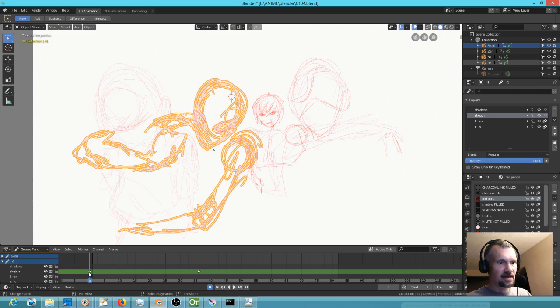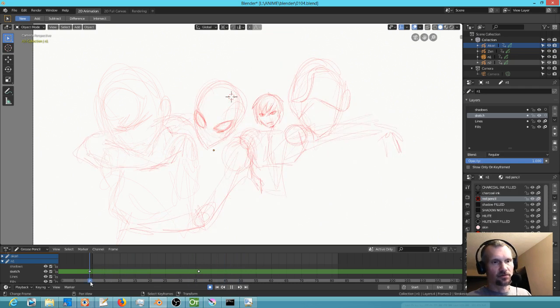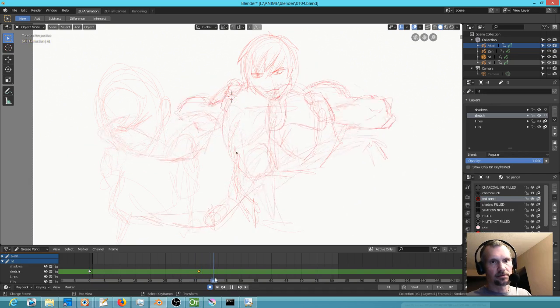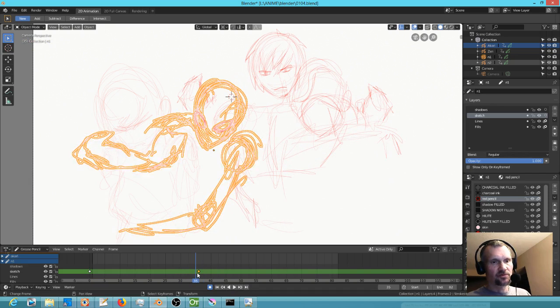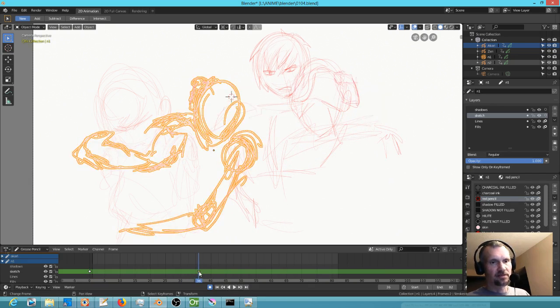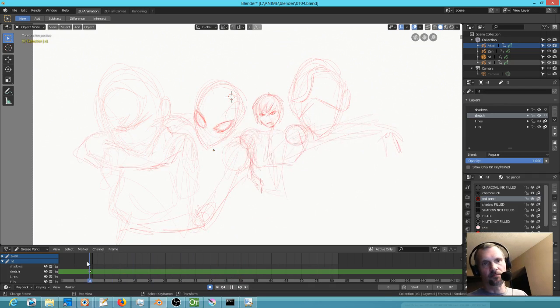So I'll delete that keyframe, and now, as you can see, everything's kind of sort of back to normal. Now, I'm in grease pencil mode, so my theory here is that this is a duplicate keyframe. So if I delete it, okay, cool.